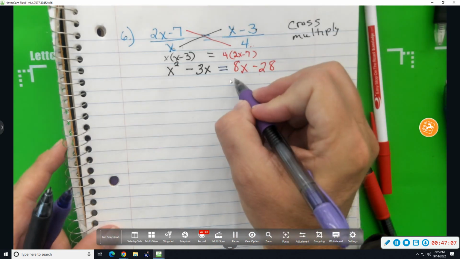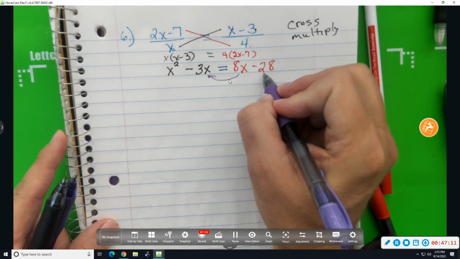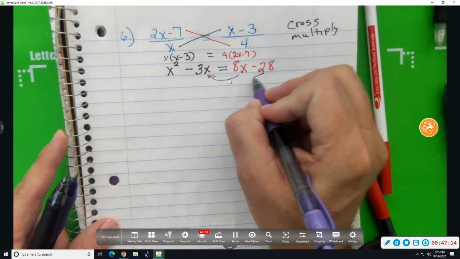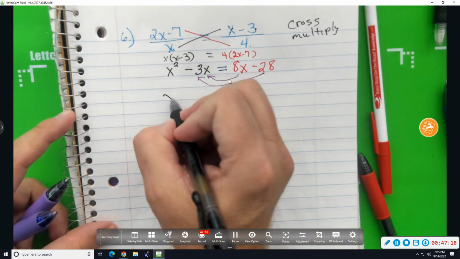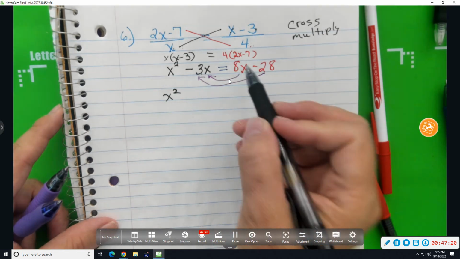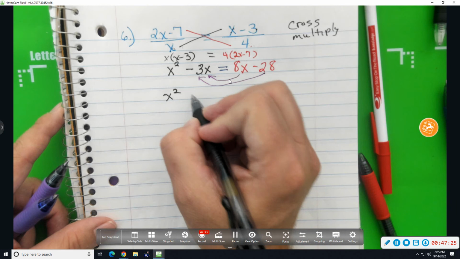I'll subtract 8x, and I'll add the 28 to give me x squared minus 3x minus 8x. Maybe I better write it out.